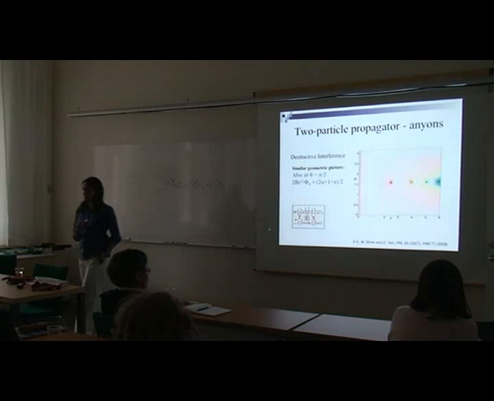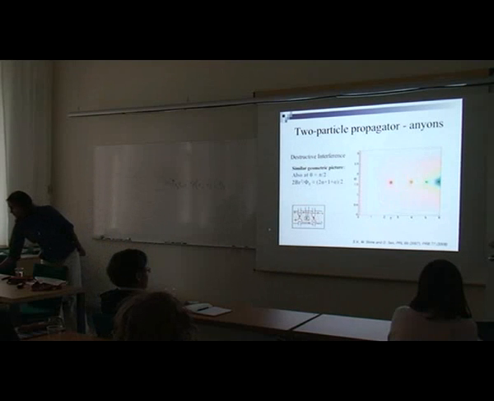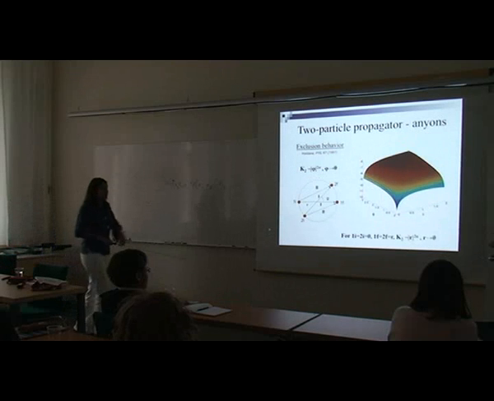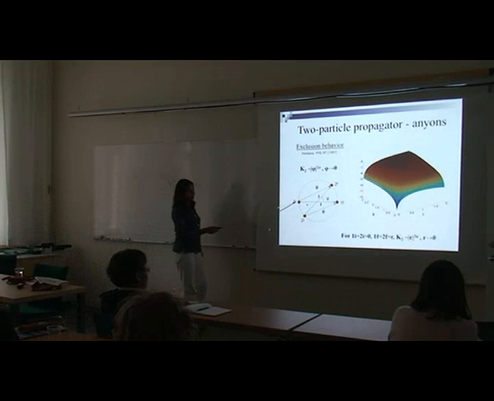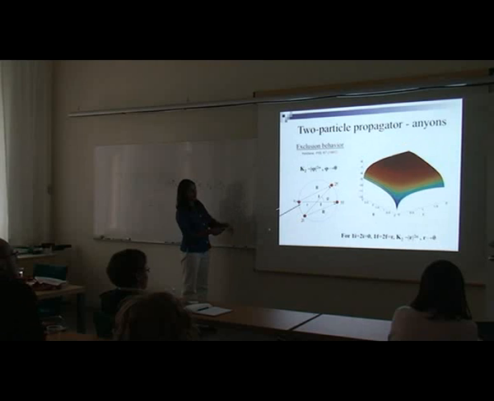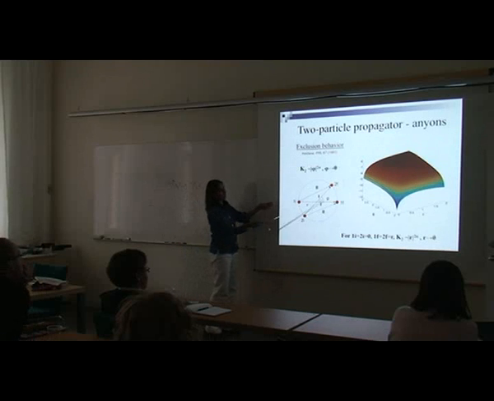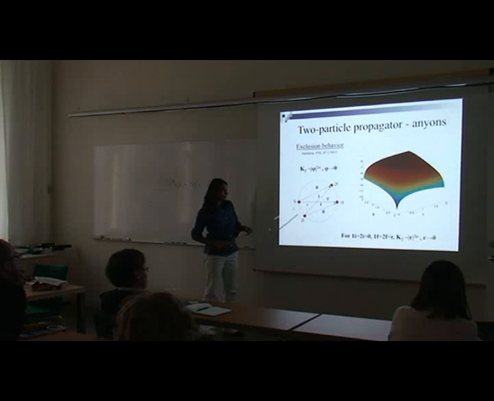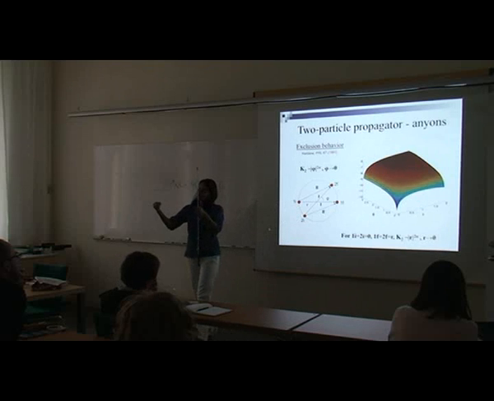And another thing that you can see is that there's exclusion statistics going on. I can have a slightly different setup where I start these two particles at 2 points here, as opposed to diametrically opposite, and have them end up here. Let's say you looked at a two-particle correlation.